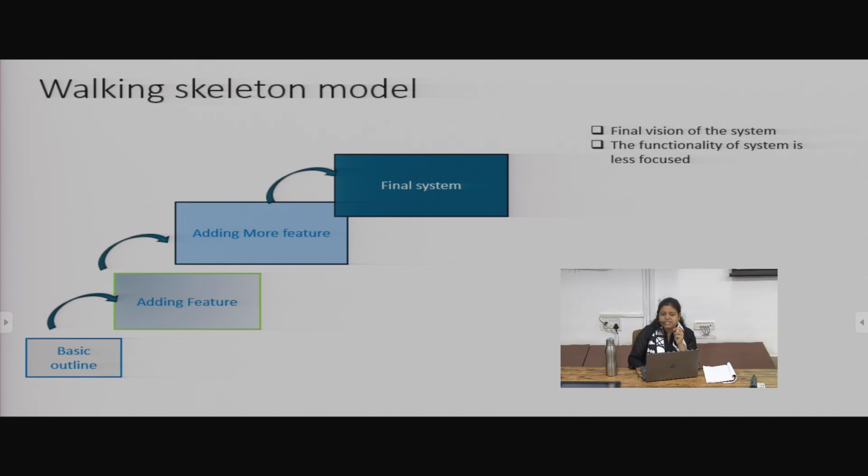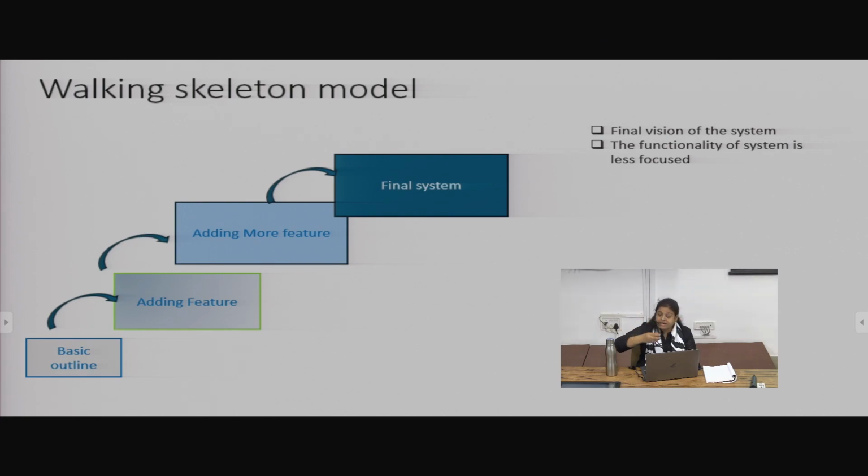The name itself suggests the details are missed out, the functionalities of the system are less focused, and the focus is more upon the features of the system. As we keep on adding features, the logic is maintained, because logically they are building up, adding more and more features.